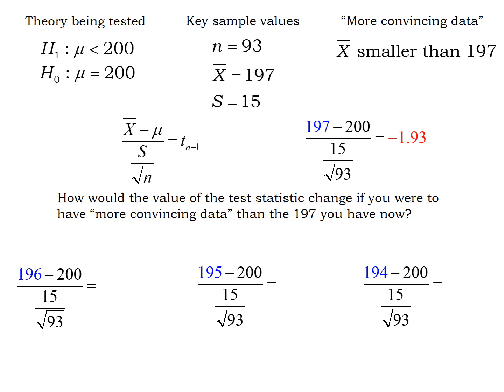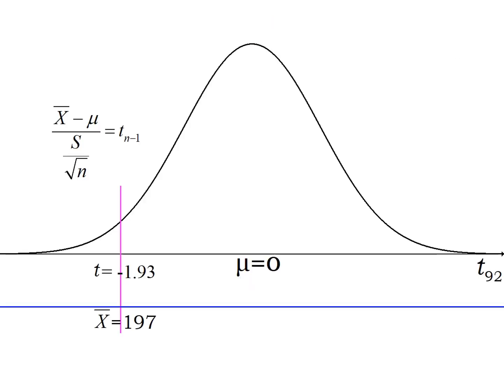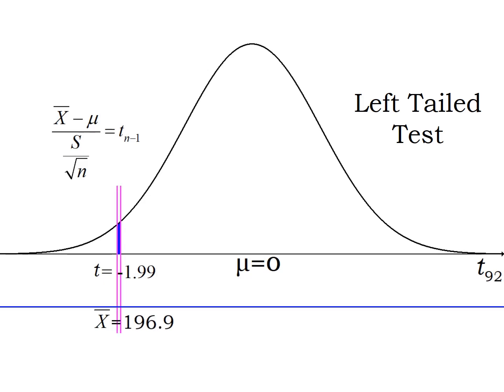And as x bar is decreasing here, what's going to happen to the corresponding test statistic? Well, the smaller x bar is, the smaller our z-scores are. So smaller z-scores are where on your graph? So our smaller z-scores are to the left.